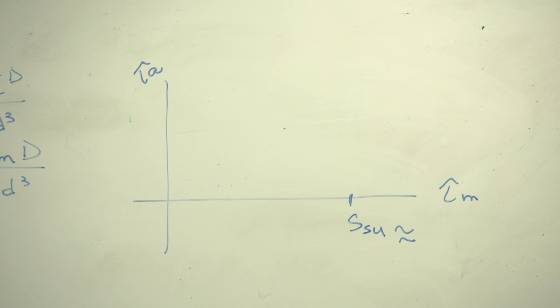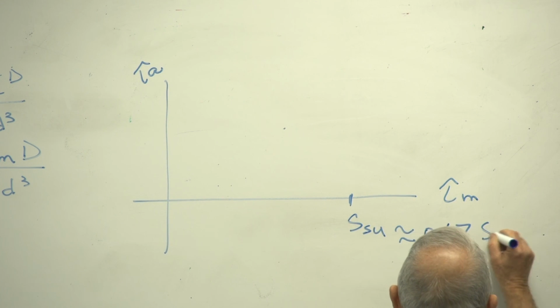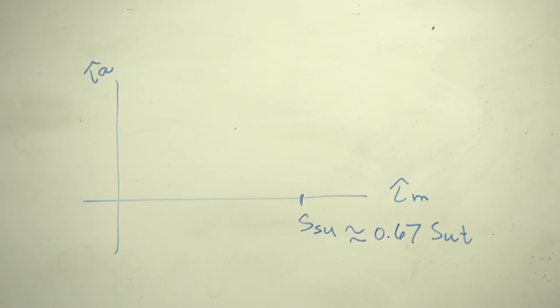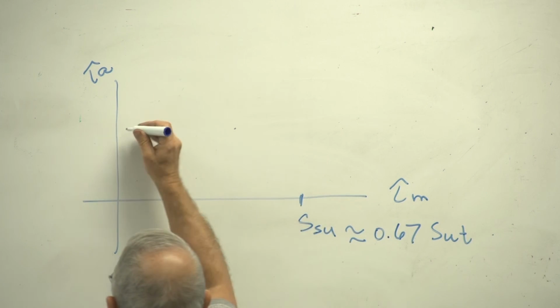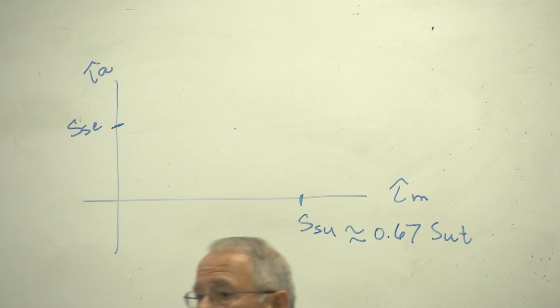I want to make sure I remember, 67%, not 70, 67% of SUT, and it's a good thing I checked. So that's one point we need, let's say, for the Goodman diagram. There's another point here, endurance limit in shear.